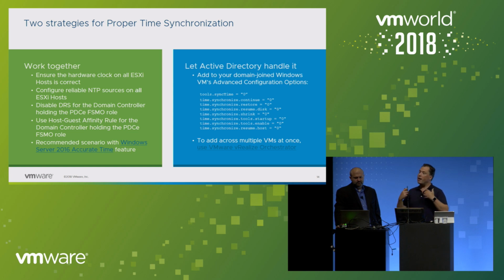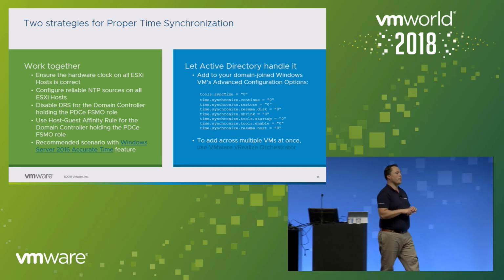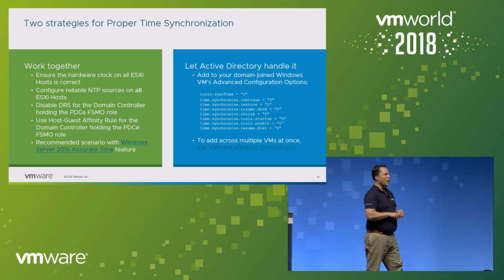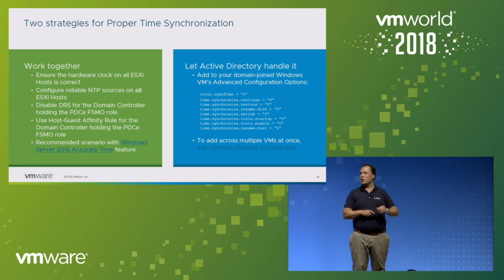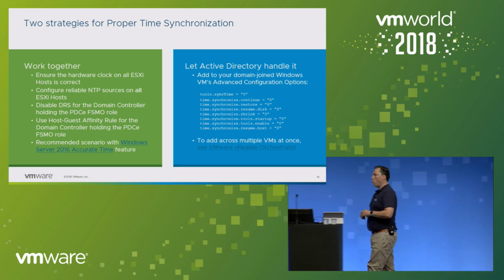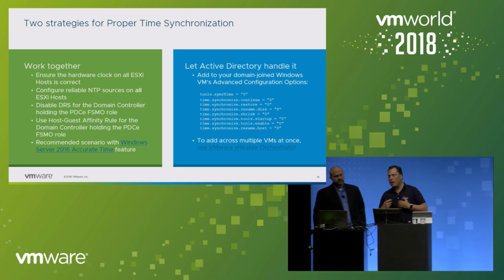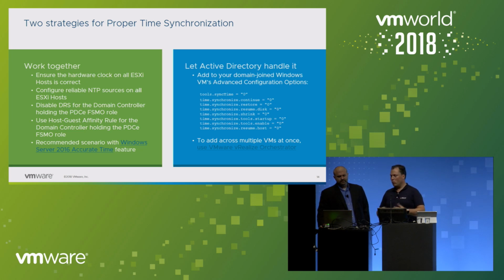The other one is an advanced scenario where you can actually edit the VM configuration file and change the values for the topics that you see on screen to 0 where they are normally 1. And of course, with VMware vRealize Orchestrator, you can do that throughout your environment once you've tested it.